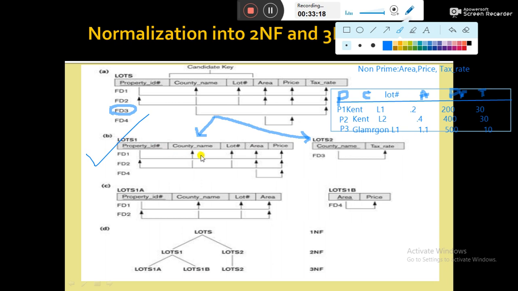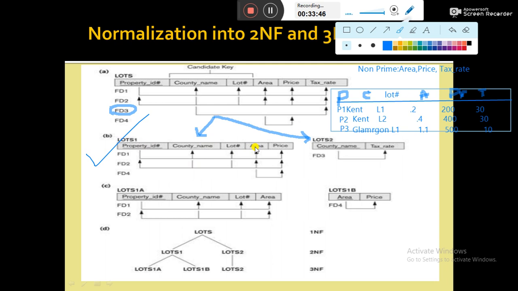Non-prime attribute, again I am telling, means an attribute which is not a part of the primary key. Here property ID is a primary key, and we can consider county name and lot number as well; there can also be a candidate key or primary key. So non-prime attribute means an attribute which is not a part of a composite primary key or candidate key.